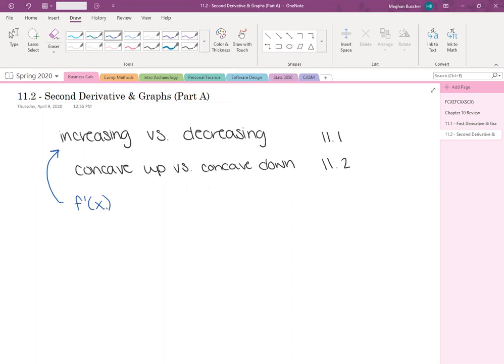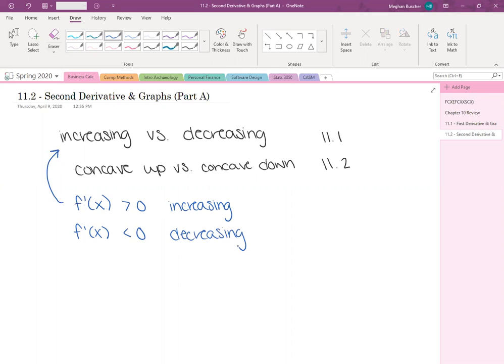our first derivative. Okay, so this is just our regular derivative that we've seen before, f prime of x. And when f prime of x is positive, that's when we're increasing. And when f prime of x is negative, that's when we're decreasing.